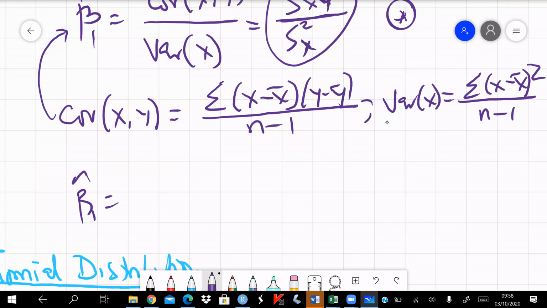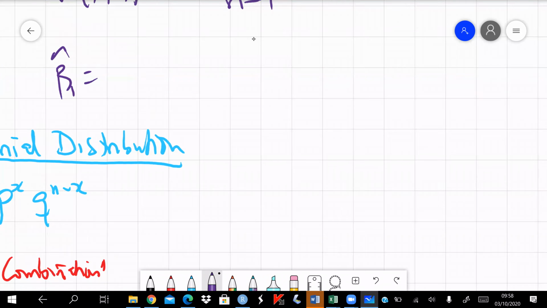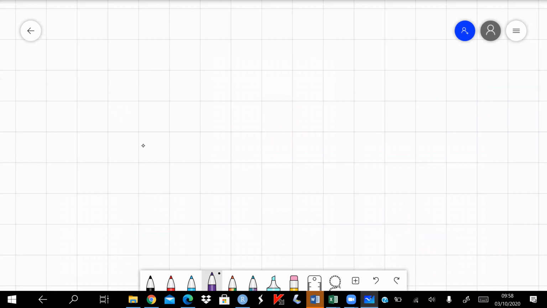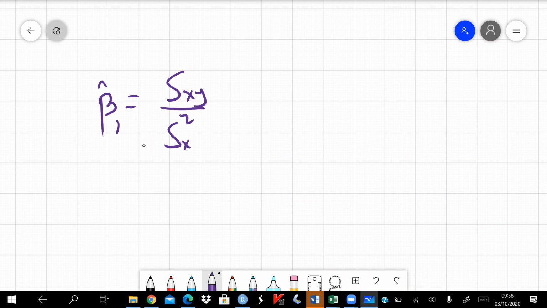So from this, let me switch to this place. When you have beta 1 estimate equal to s xy over s x squared, you can play around with this kind of expression.